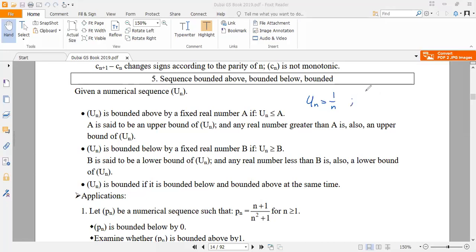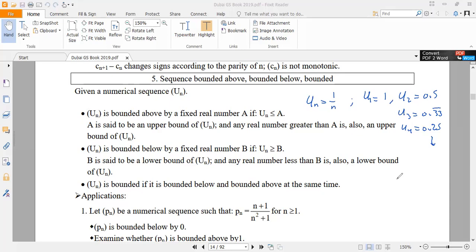If you remember, the first term is u1, we cannot start at u0 because 1 over 0 is undefined. u1 is 1, u2 is 1 over 2, which is 0.5, u3 is 1 over 3, so it is 0.333, u4 is 0.25 because 1 over 4 is a quarter, and so on. So we will stay decreasing until we are very close to 0. We cannot reach 0 exactly, but we will be just above 0. So you notice that all the terms are between 0 and 1.